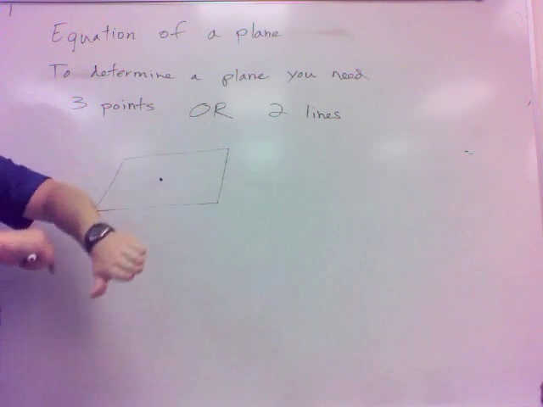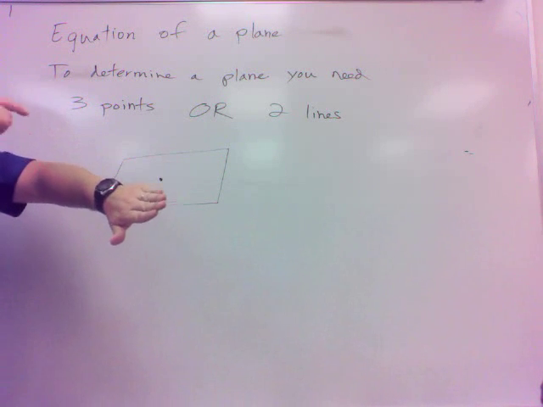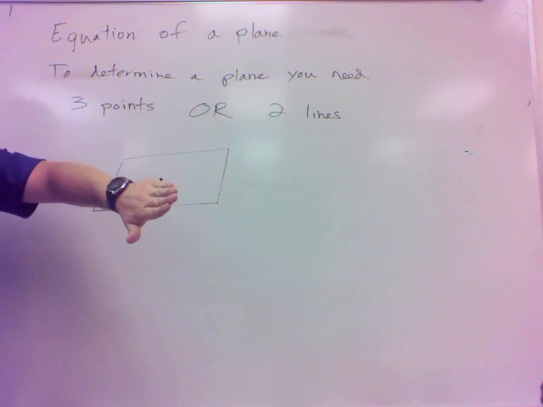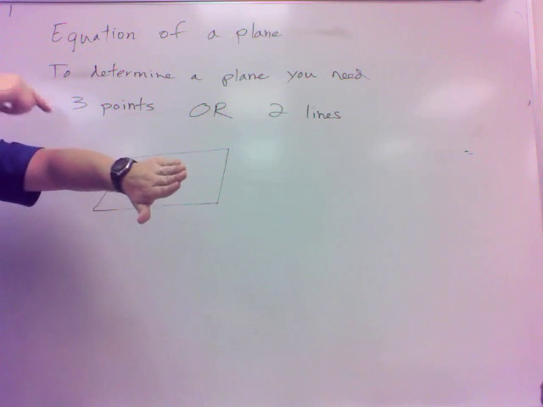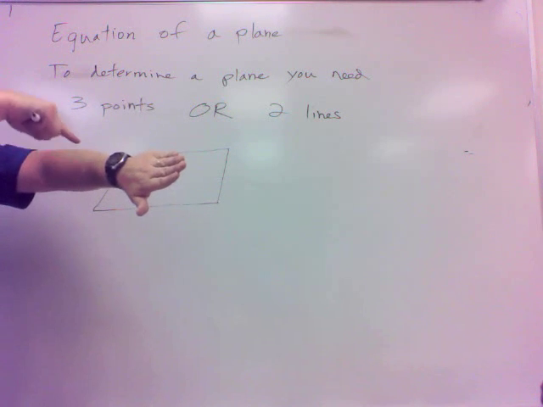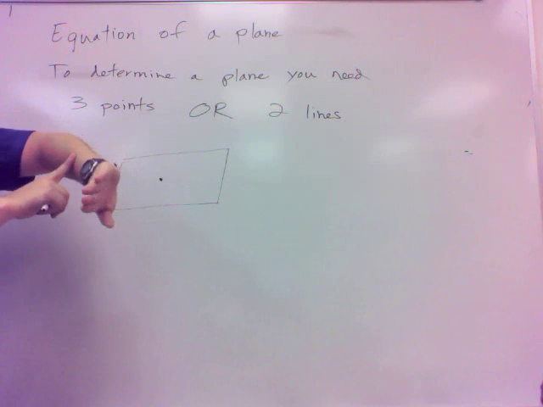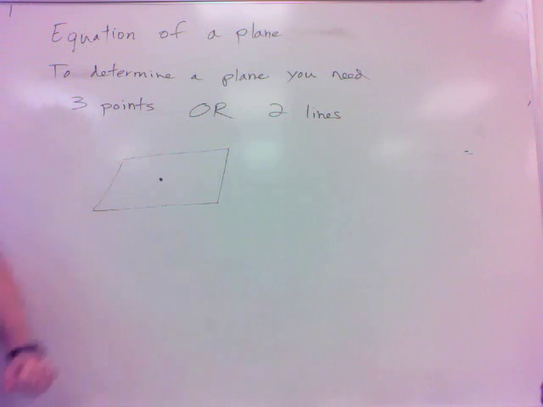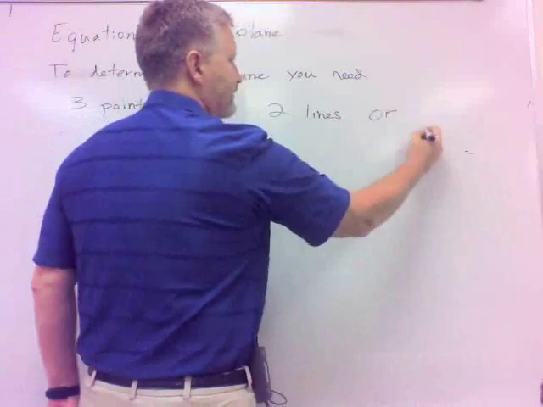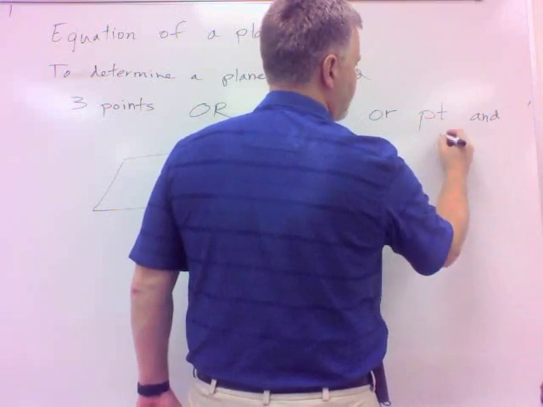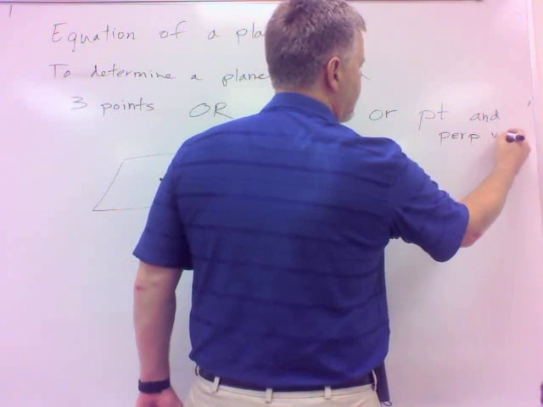So this is our plane surface. You can get a point out of that plane, and then you can do a perpendicular vector to that plane. Because if you know something that's perpendicular, there's no way around it. You've got the point and you've got the perpendicular. That determines the plane, because if you shift that plane at all, that shifts the perpendicular. And so that's the way. So you've got a point and this perpendicular vector to that plane.